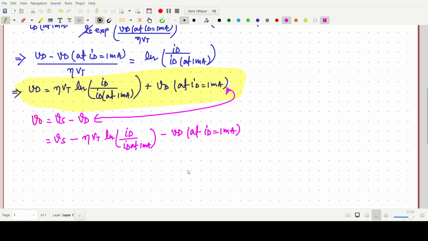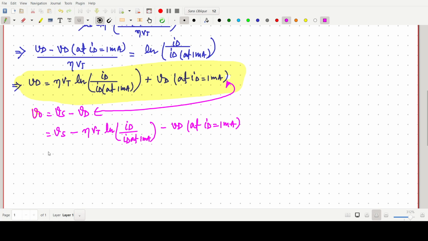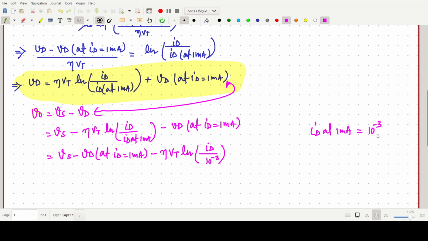Now the same expression can be written as Vs minus Vd at Id 1 milliampere minus eta Vt ln Id by Id at 1 milliampere. Id at 1 milliampere means simply 10 to the power minus 3 ampere current.